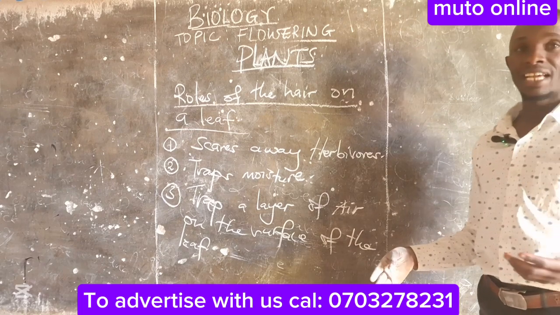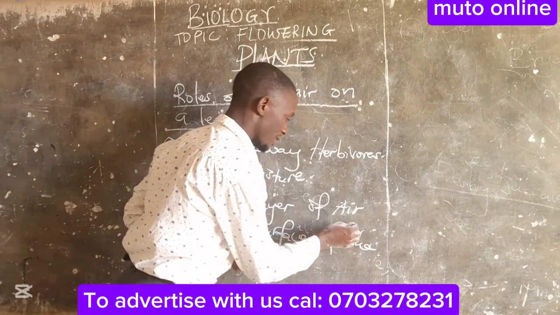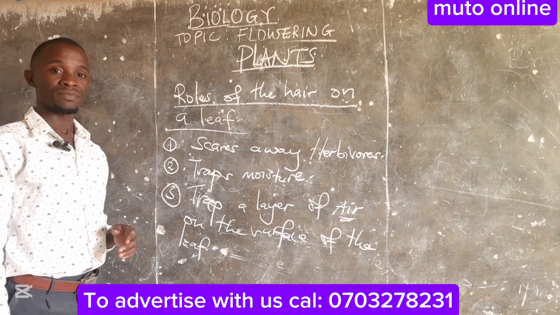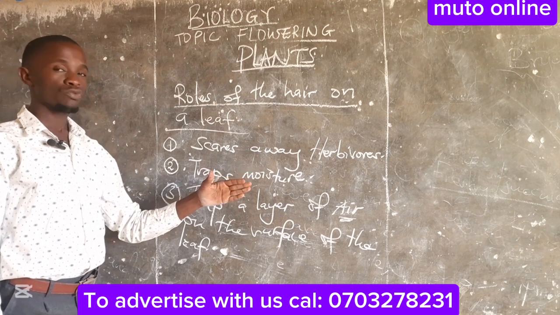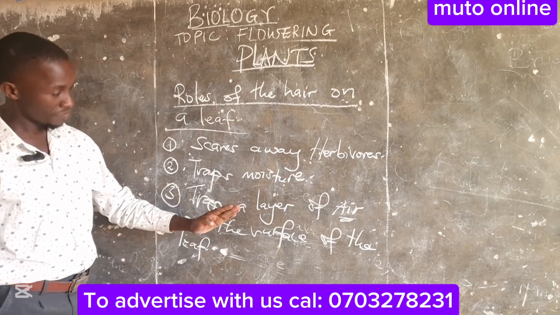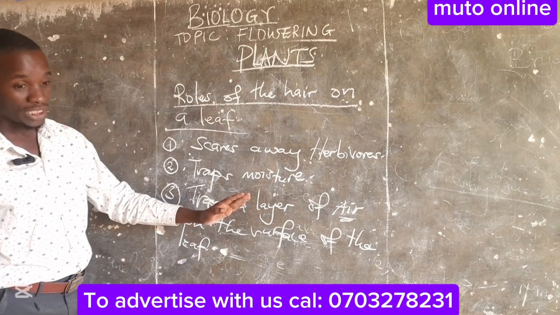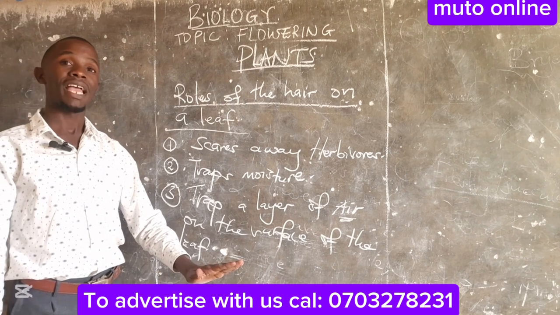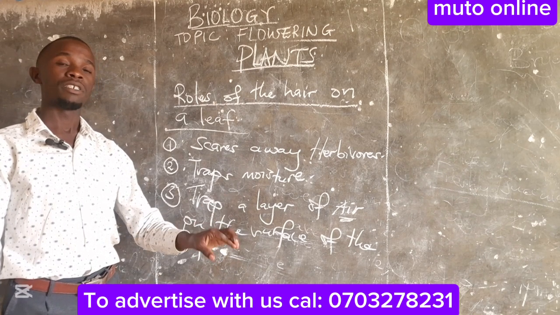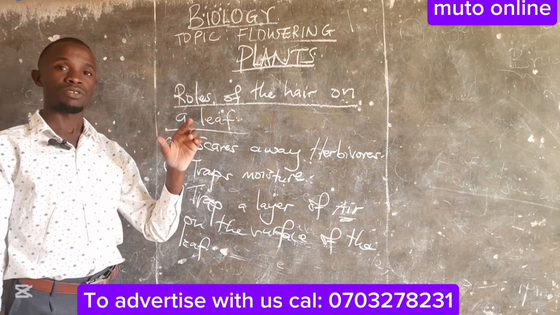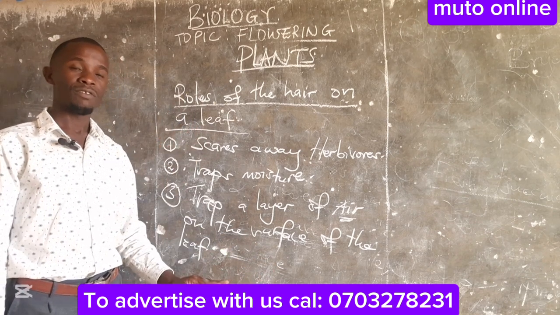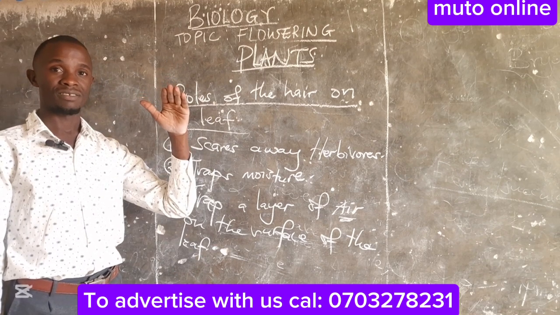We very well know that air is a bad conductor of heat. And when it is trapped over the surface of the leaf, it insulates the surface of the leaf from excess heat, hence reducing heat loss and water loss by transpiration, since the air is insulating the leaf surface from the extreme temperatures.